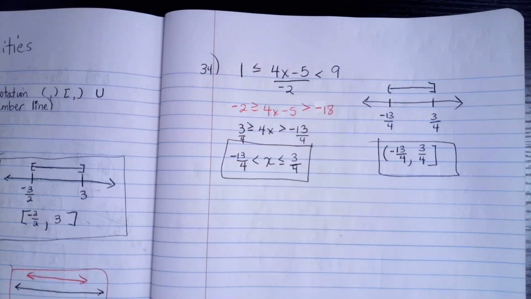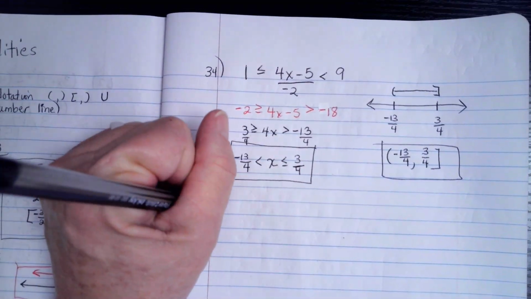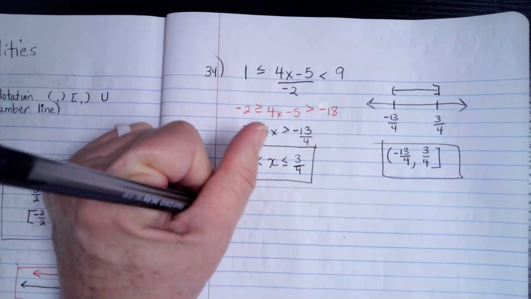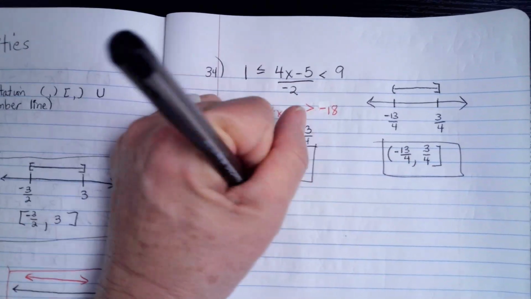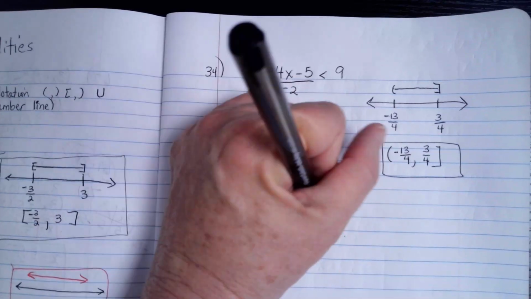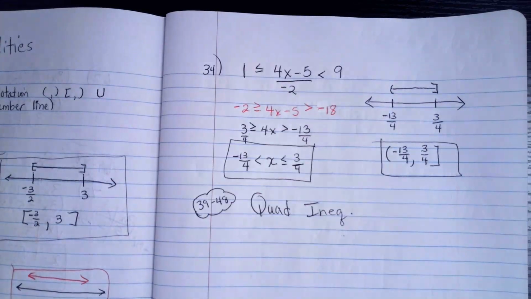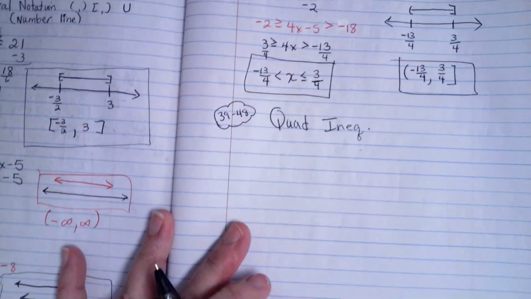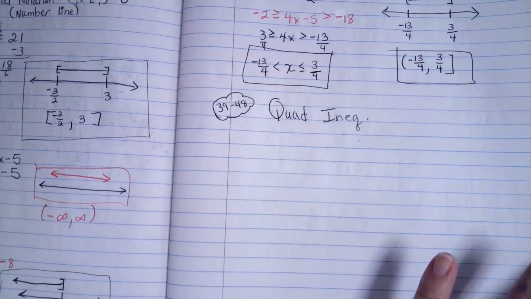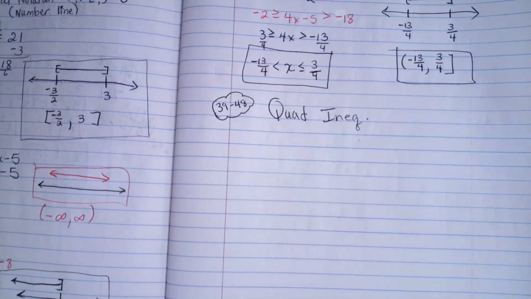The next batch of problems is 39 through 48, and it's your quadratic inequalities. With quadratics, according to the fundamental theorem of algebra, there are 2 possible solutions, right? But with inequalities, there are infinite possible solutions.